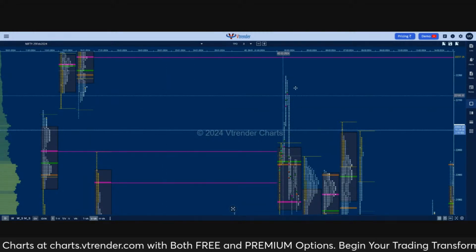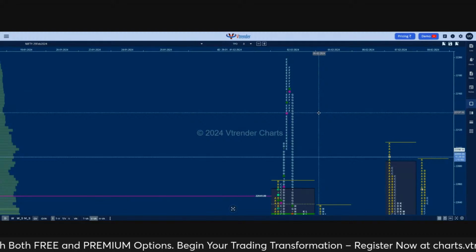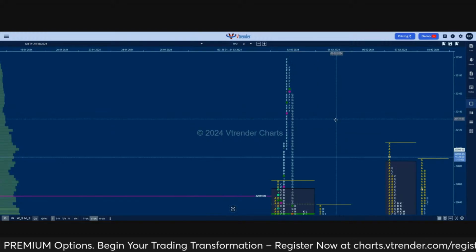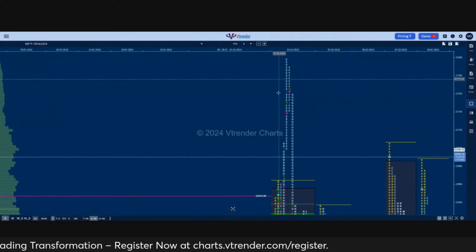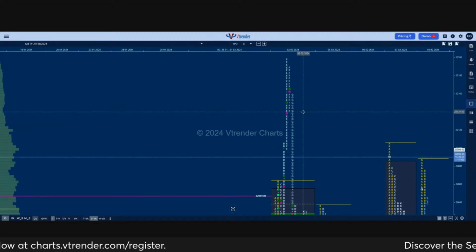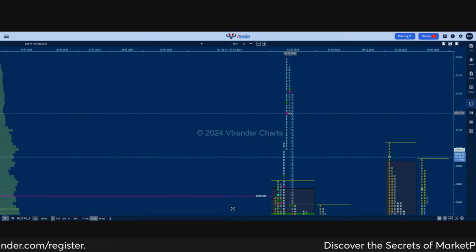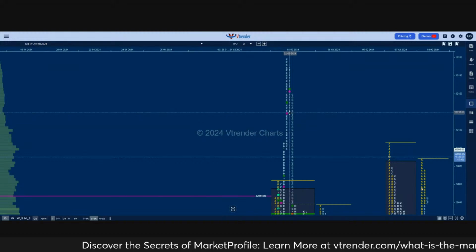Here once we made this high, I'll just enlarge this profile. So when does the auction change character? Because till the E period we are making higher highs, and F was inside E, so it could be a consolidation. But when the G period made lower lows for the first time in the day, we had one scene of crime, which was at 22140.